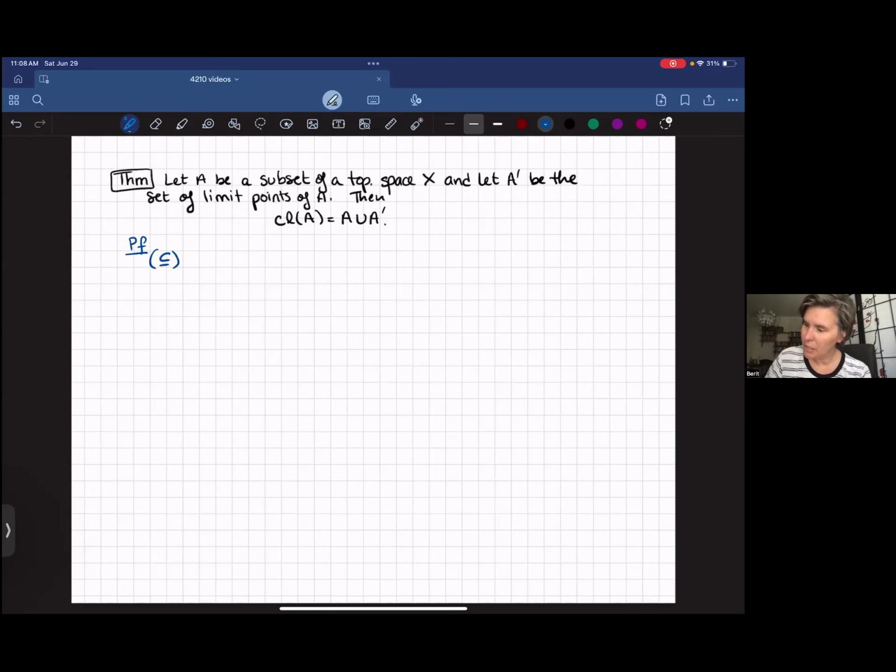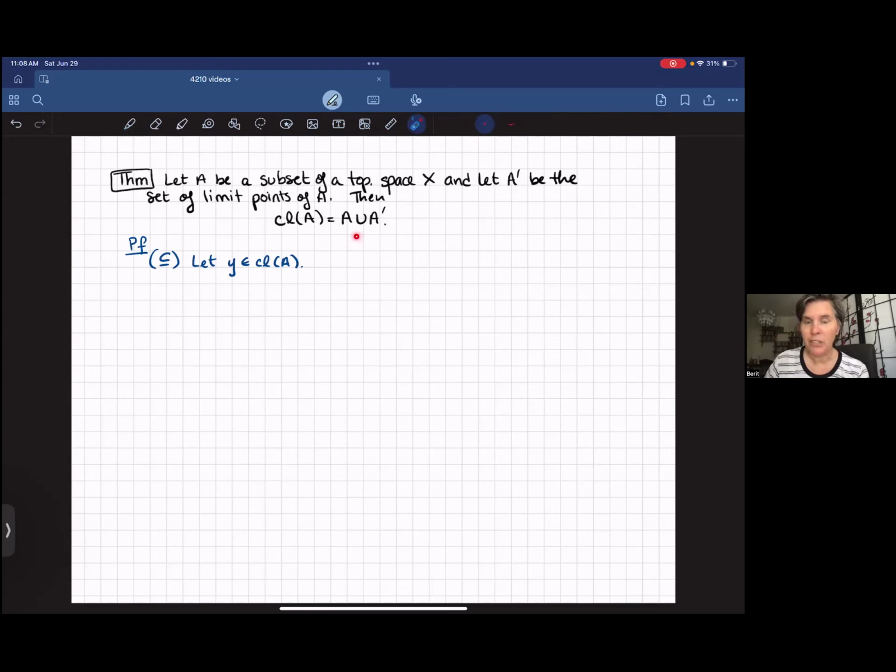Okay. So let's suppose that an element Y is an element of the closure of A. And we want to show that Y is either in A or it's in A prime, because we want to show that Y is in the union. So we want to show that Y is in A union A prime.